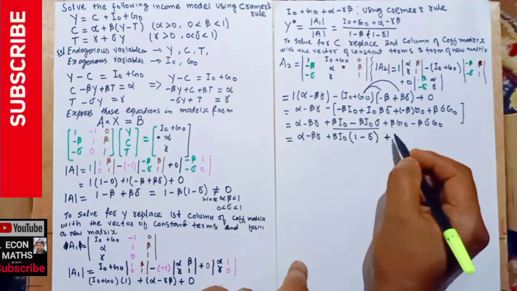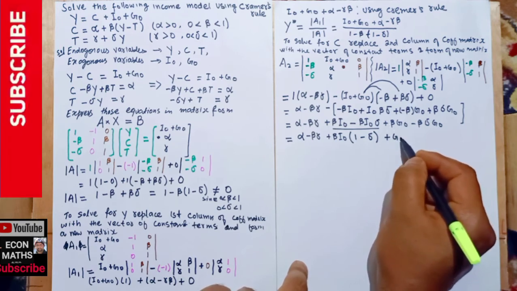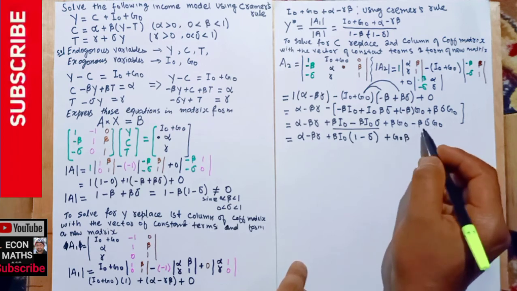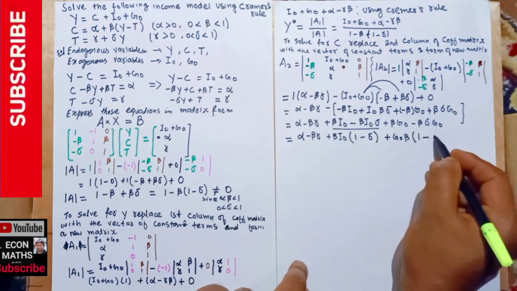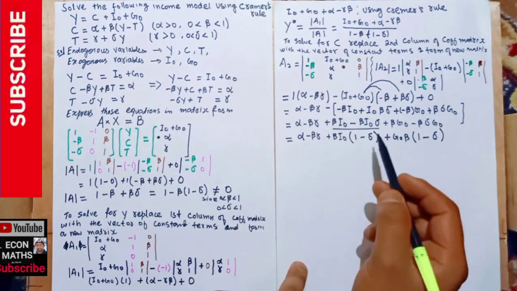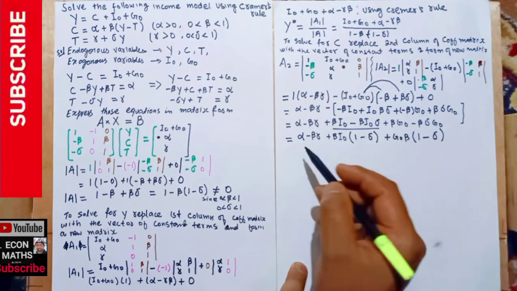Similarly here we will take this G0 and beta out, so we are left with 1 minus delta. So this is from mathematics, how to take factors out.